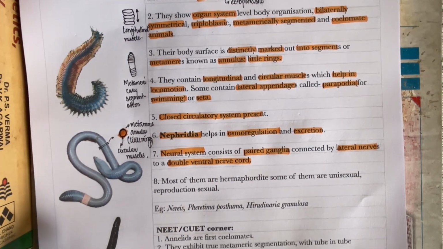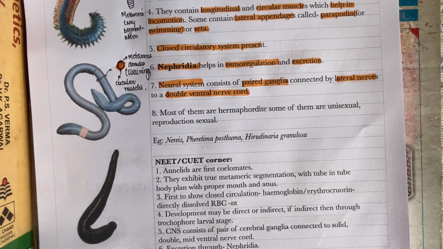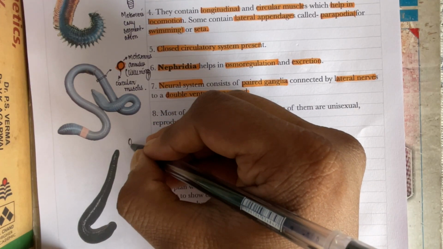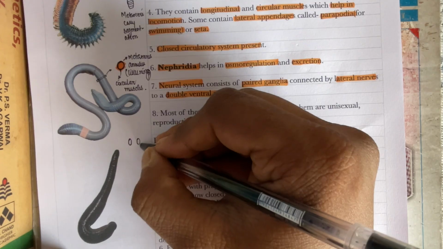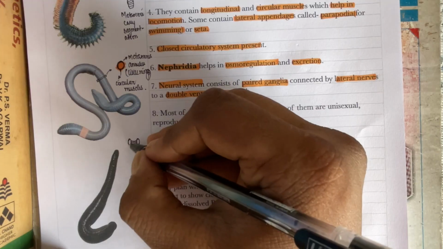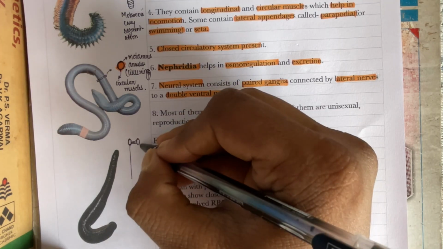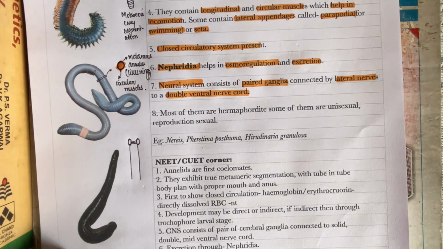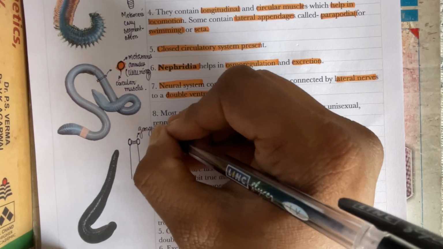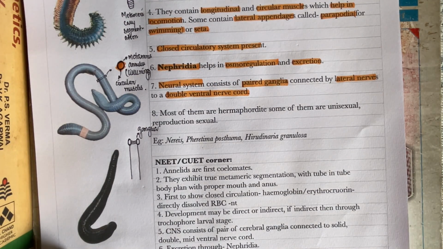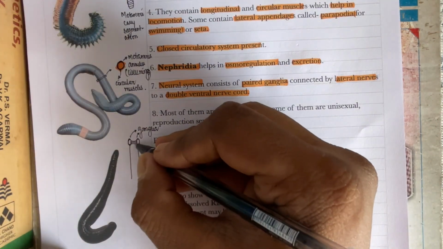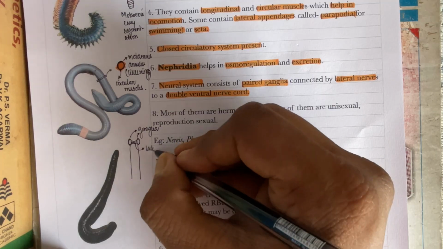Let us try to understand this point number 7 with the help of a diagram. तो देखो इस एनिलिडा के स्ट्रक्चर में क्या होता है, दे हैव गैंग्लिया which are connected with each other and also they have structures like this. ठीक है, तो ये अपना गैंग्लिया जो कि पेयर्ड है. हाउ मेनी गैंग्लियाज, दे हैव 2 गैंग्लिया है. ठीक है, कनेक्टेड बाय lateral nerves.